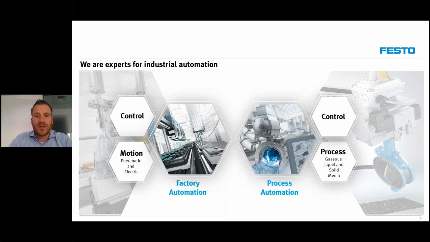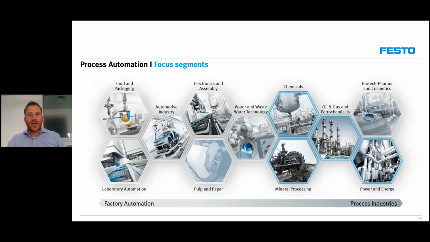But for process automation, we always see that the requirements are slightly more specific, with higher levels of reliability and more critical factors like ATEX, for example, which is what today's topic is about. So therefore, we see this as a different industry segment. For today's session, we would like to allocate a few focus segments. ATEX and hazardous environments, we see mainly in a few industry segments, and the topics and the pictures you see in today's session are mainly related to the chemical industry, mineral processing, oil and gas or petrochemical, and power and energy.